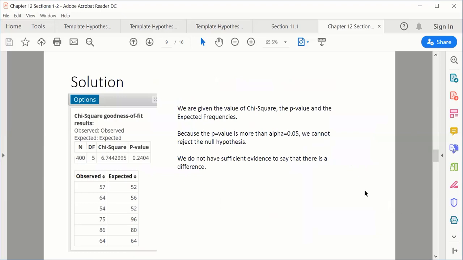So our output with this chi-square test tells you your n's, that's your sample size. It tells you the chi-squared test statistic. So this is the test statistic. It's not a z-stat or a t-stat now.